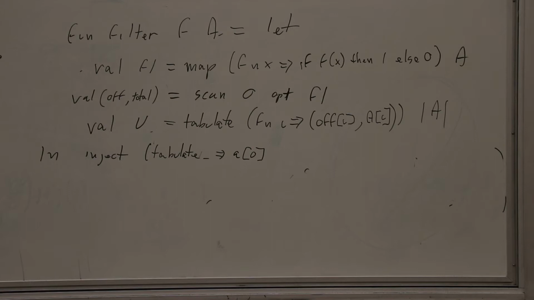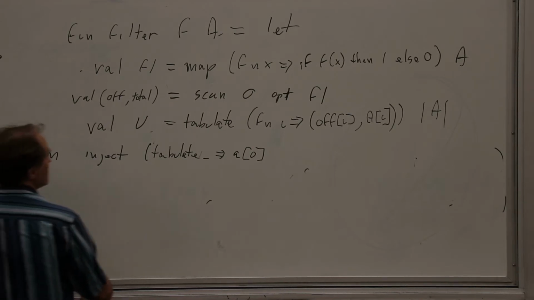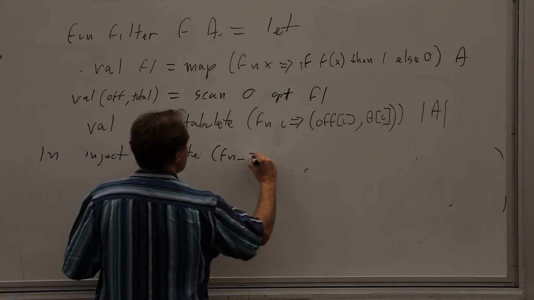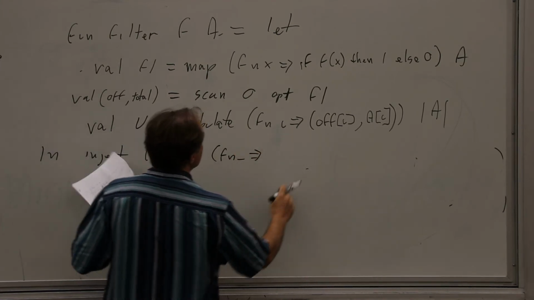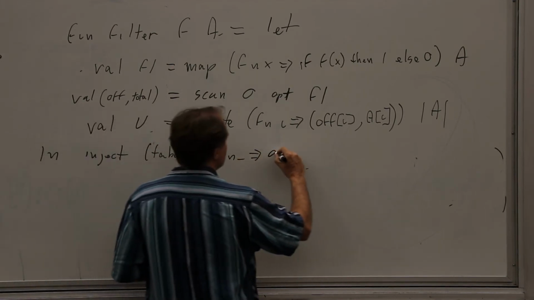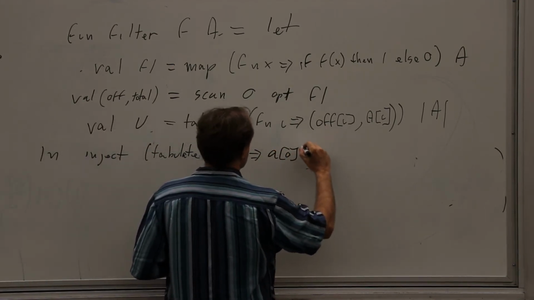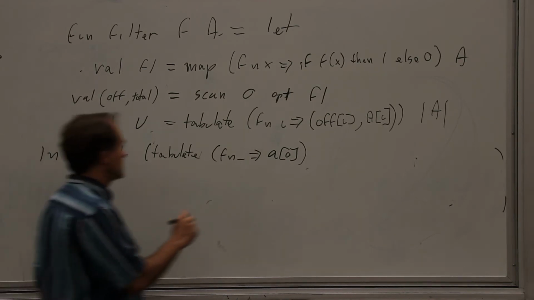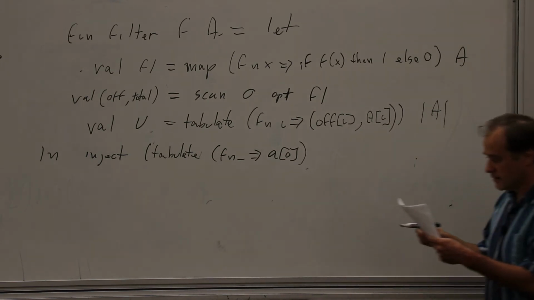I'm going to generate an array of some element which I'm going to inject into, and I don't care what that element is. So let me just make it the 0th element. Of course, this will fail if A is of 0 length, but I can put a condition in there, or I could fix it in various other ways.